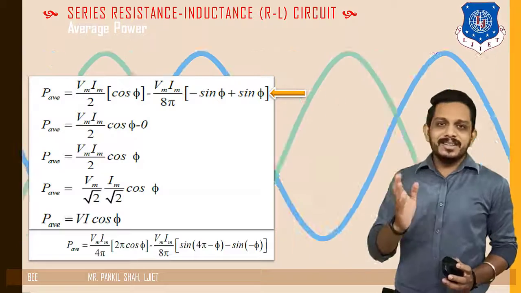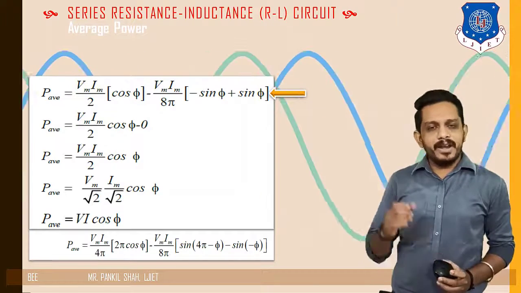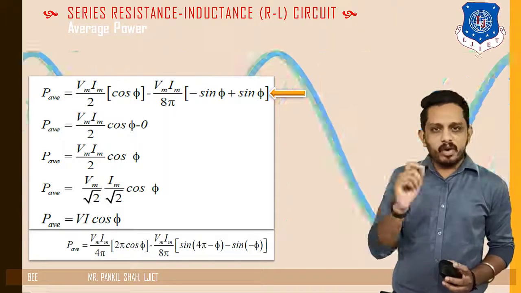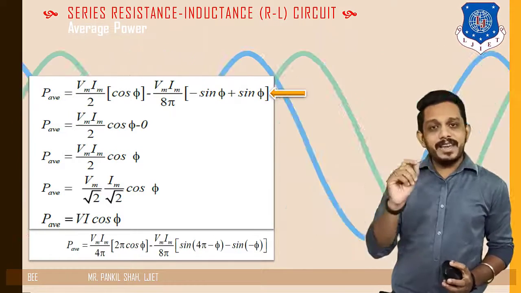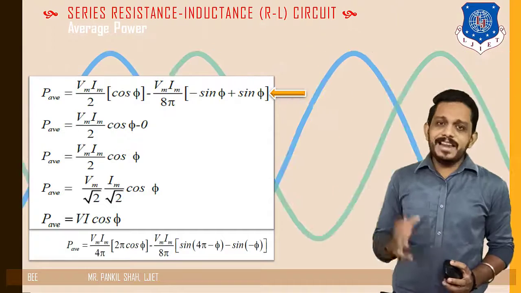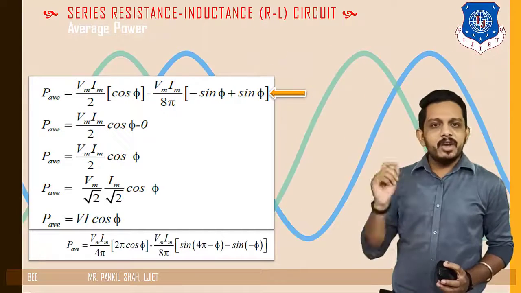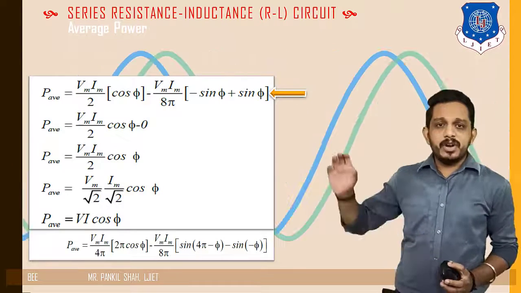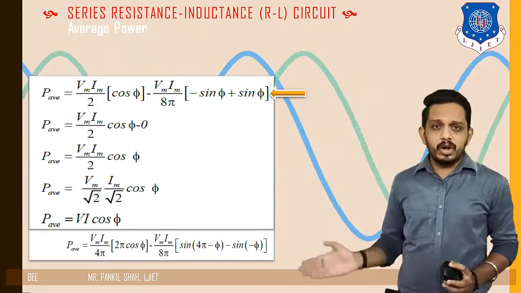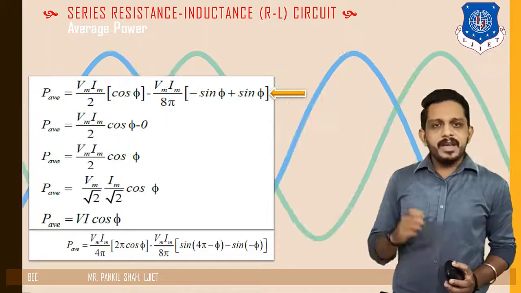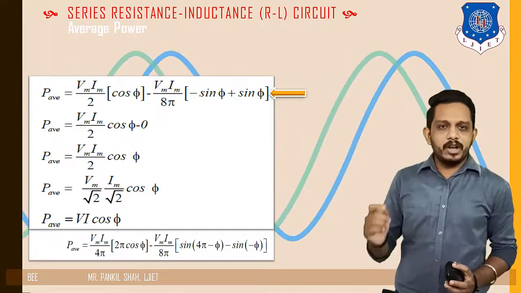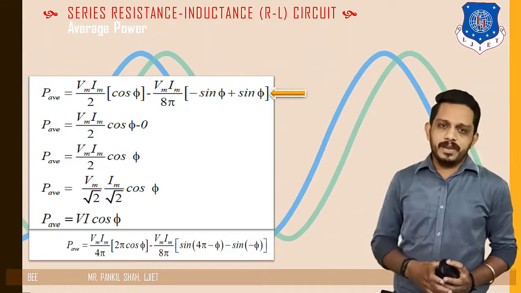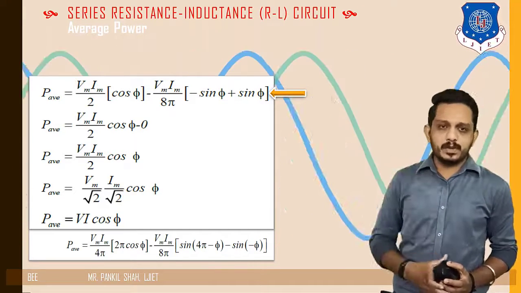So in this last equation, we obtain Vm Im by 4 pi, in the bracket 2 pi cos phi, minus Vm Im by 8 pi, and in the bracket sin(4 pi minus phi) minus sin(minus phi). Now look at this first term. The solution will be Vm Im by 2, because 4 pi and 2 pi cancel out, so only 2 will be there, and in the bracket cos phi.